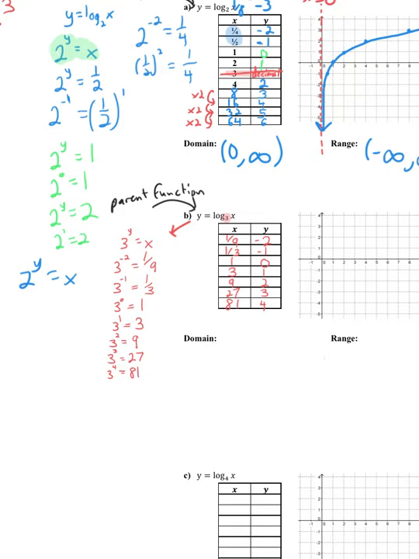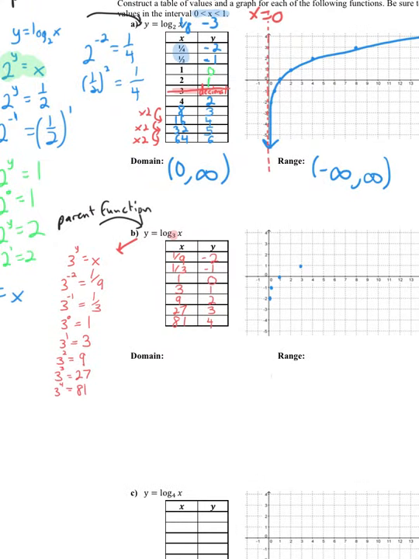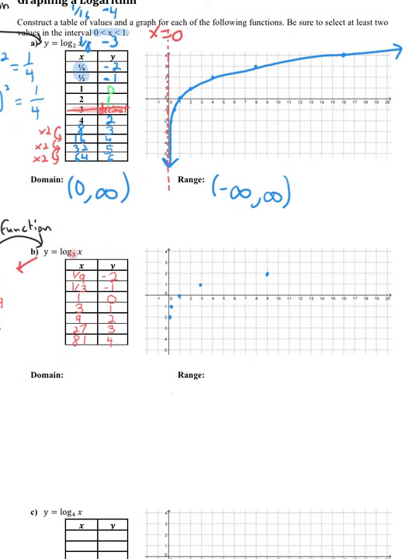Now when I plot these ones, 1/9 comma -2, it's going to be super close to the axes there, but not quite touching. 1/3 is also going to be pretty close. 1 comma 0, 3 comma 1, excuse me, 9 comma 2, and then 27 comma 3 is actually off our paper already. So when I sketch this line, I want to sketch it out and off the paper before I get to the line y equals 3.